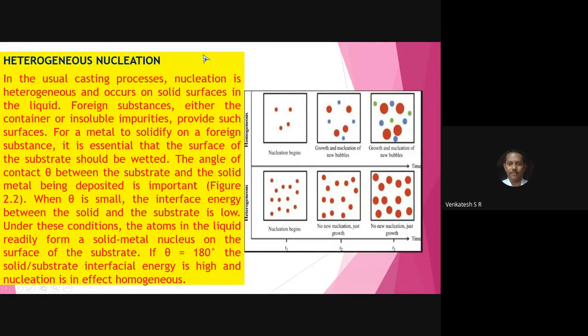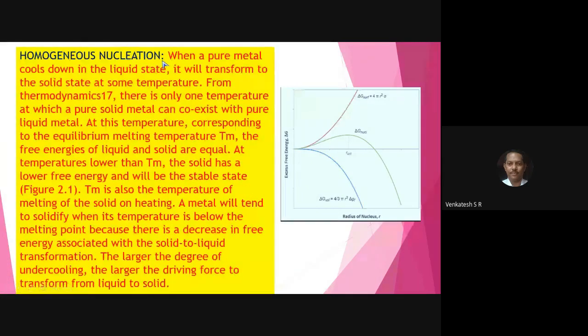That is, the solidification is nothing but nucleation of different types of substances present in the alloy. For example, in cast iron, you have iron and carbon. The nucleation of carbon and iron is a different one. The solidification process observed in the alloy is called heterogeneous nucleation. And homogeneous nucleation means the solidification process observed in pure metal.